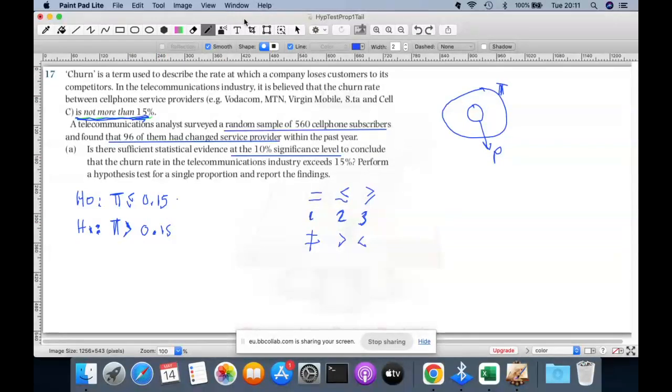And like I said, it's good practice to write where the claim falls. If you read the text, it says it is believed that the churn rate between cell phone service providers is not more than 15%. So that's where the belief, the claim is. So I'll write telecoms.